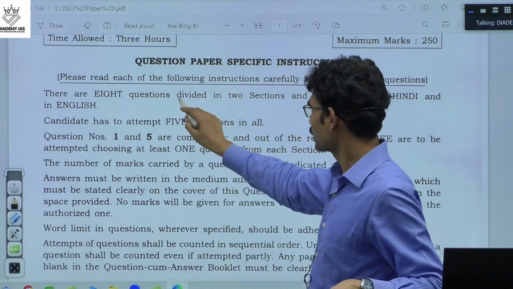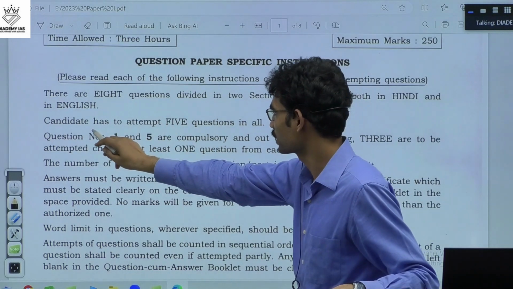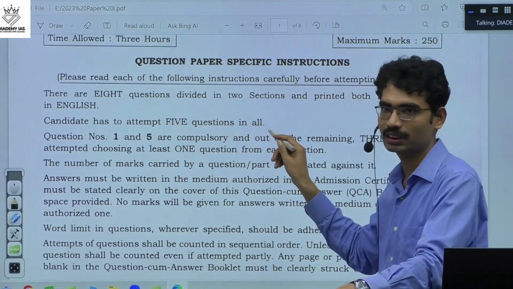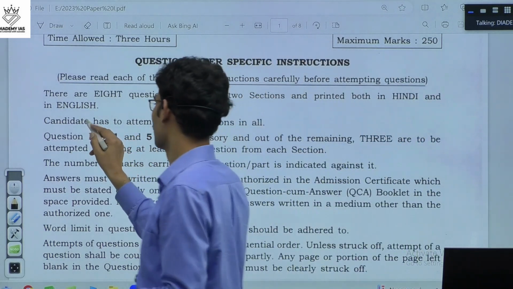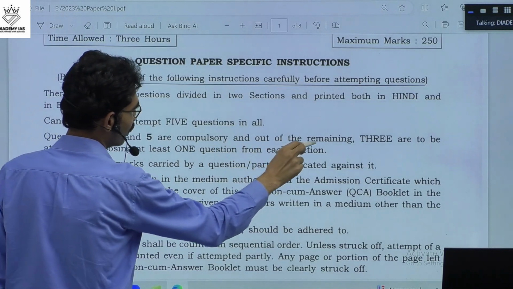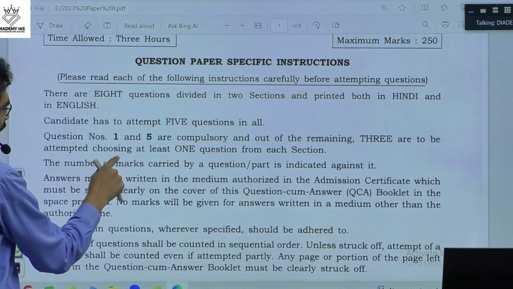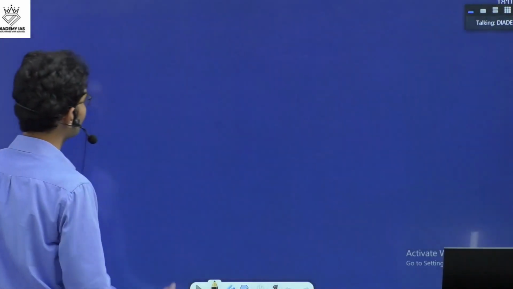There are 8 questions divided in 2 sections and printed both in Hindi and English. Candidate has to attempt 5 questions in all. Now you have to see this particular instruction: question numbers 1 and 5 are compulsory, and out of the remaining, 3 are to be attempted, choosing at least 1 question from each section. So what does it mean?